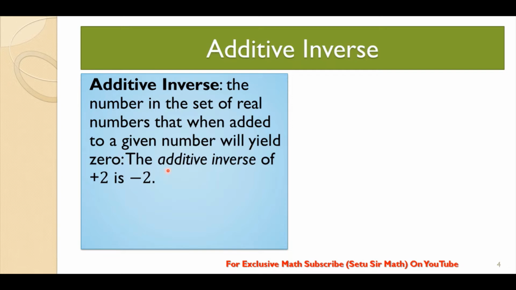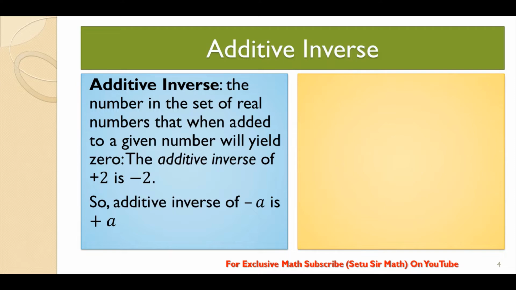That means the additive inverse of plus 2 would be minus 2, and if we add plus 2 and minus 2, we will get 0. That is what it says: the number in the set of real numbers that when added to a given number will yield 0. Next, the additive inverse of minus a is plus a.